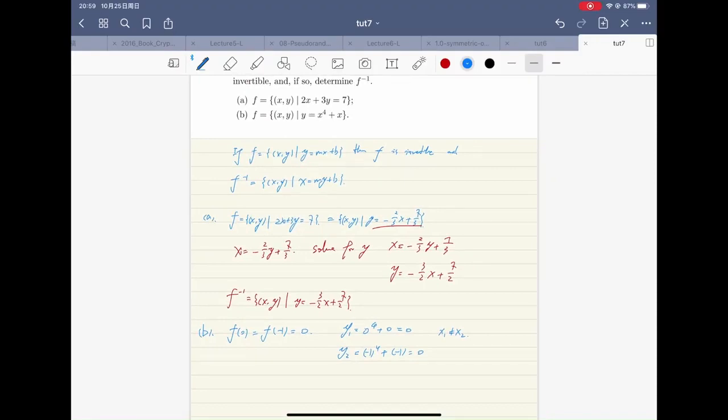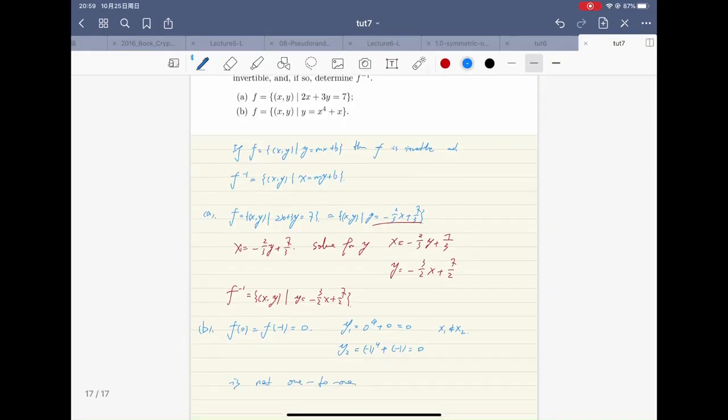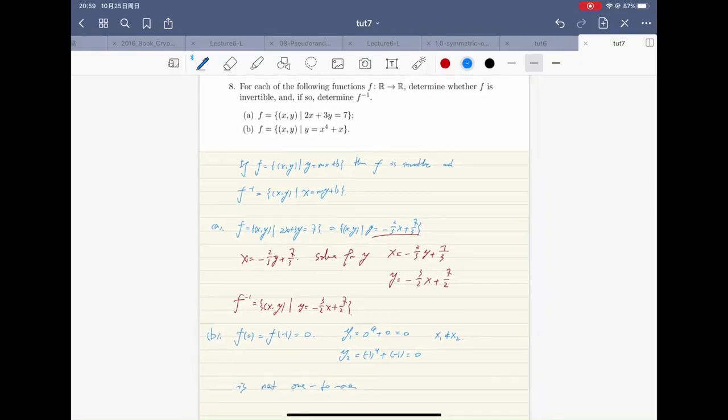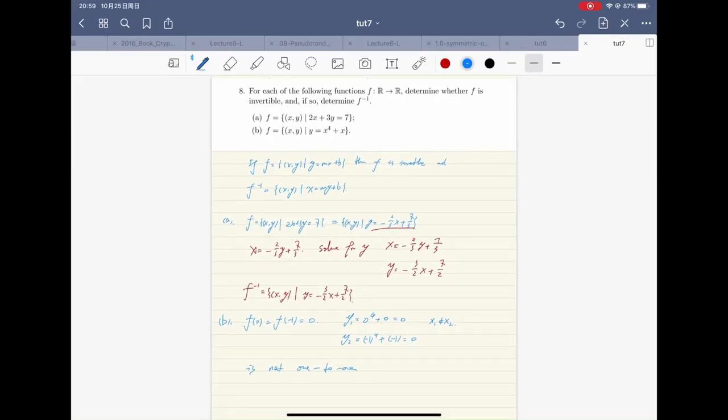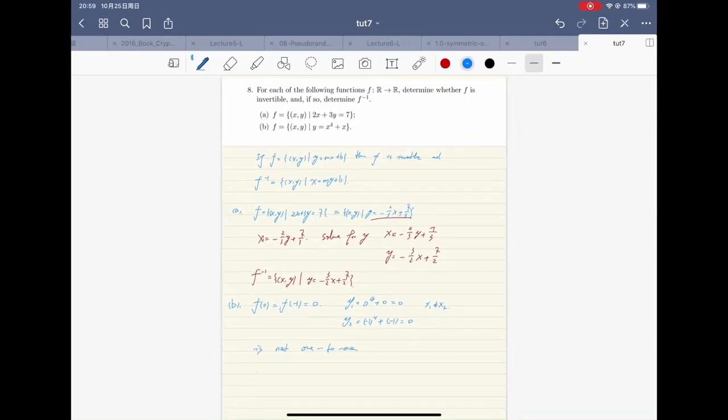So this function is not one-to-one. If the function is not one-to-one, then the function is not invertible. So if the function is not invertible, we cannot find its inverse function. So f is not invertible.